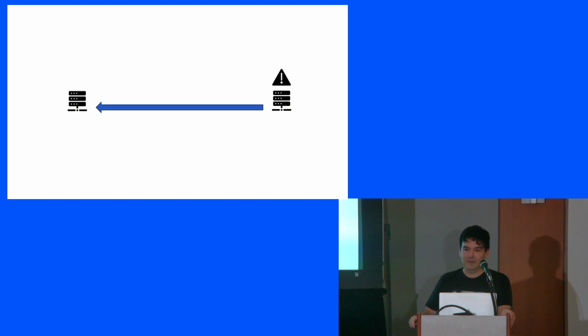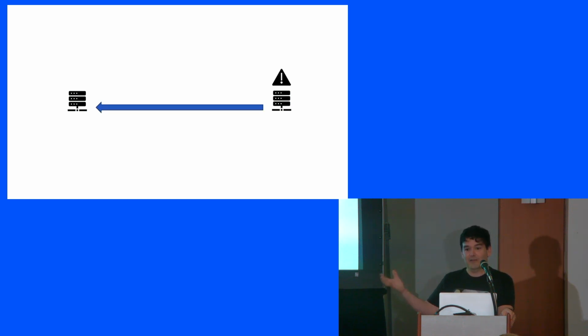LaunchDarkly uses this for all of our server-side SDKs, to have streaming updates to those flag rules. On the server, what happens is we pull down all the flag rules initially, store them in an in-memory cache, and then we use server-sent events to do server-to-server streaming updates of those flags. That way, any time a flag changes, your server is notified as well.